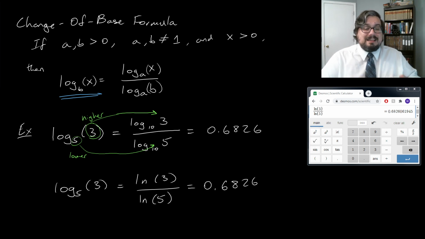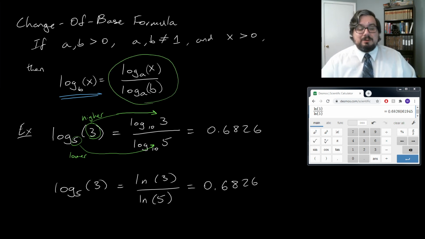Log base 5 of 3 is some number, even before we decide how to evaluate it. And so this formula tells us that these expressions are actually all going to be equal no matter what value of a you choose. They're all going to be equal to the log base b of x on the left.